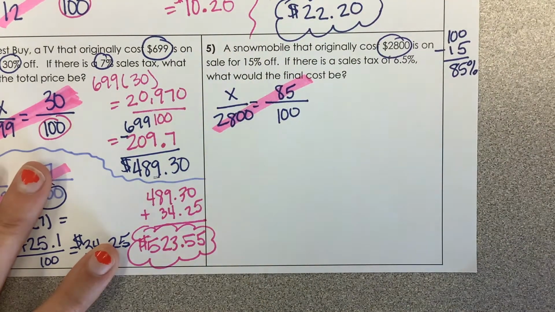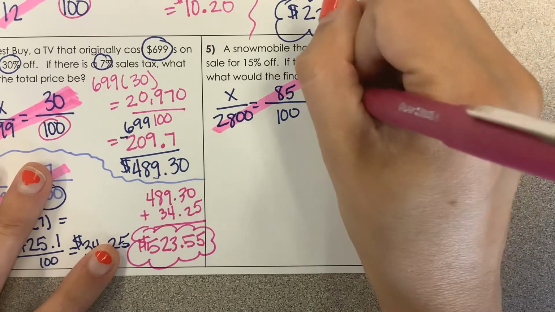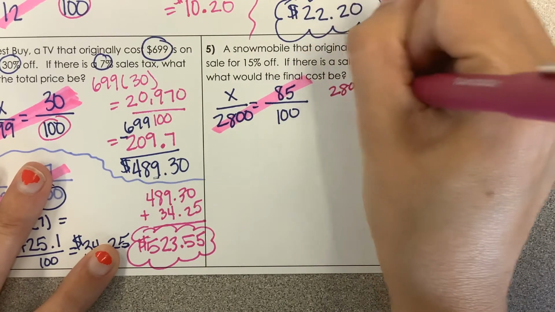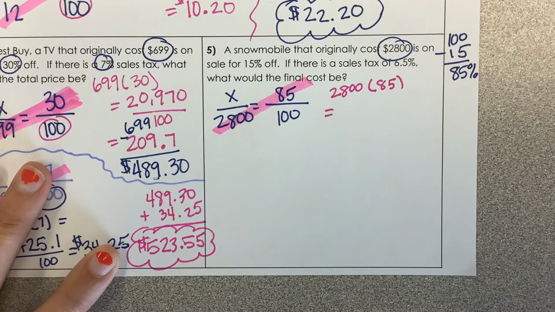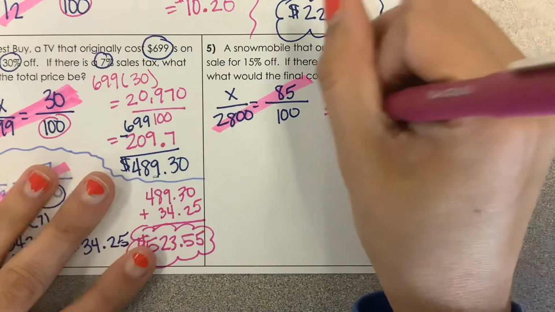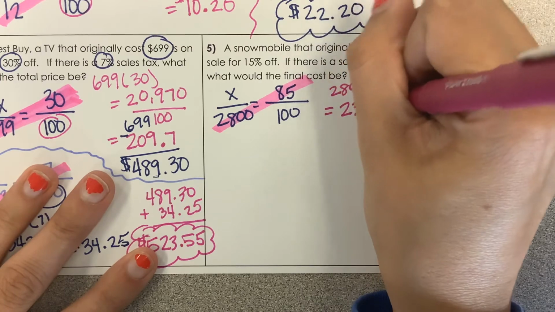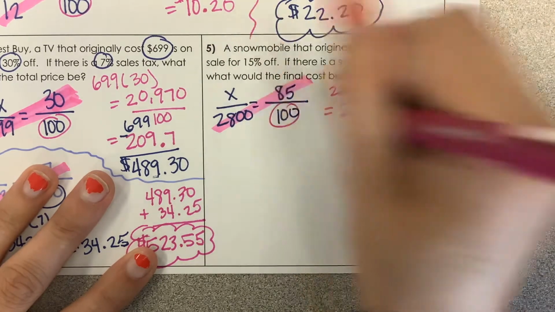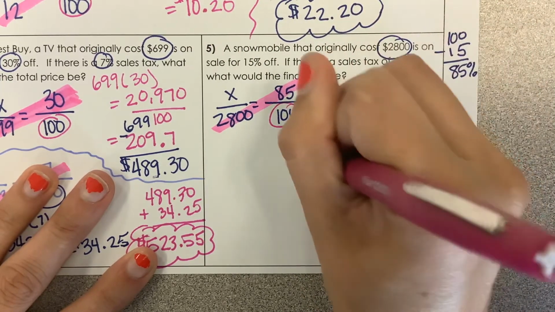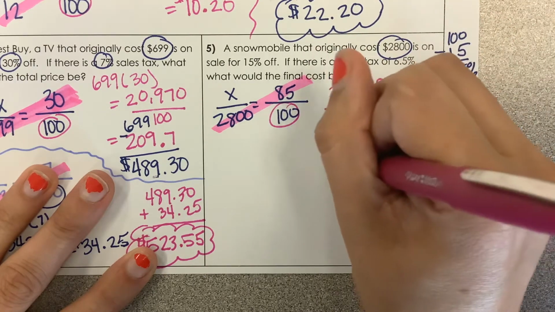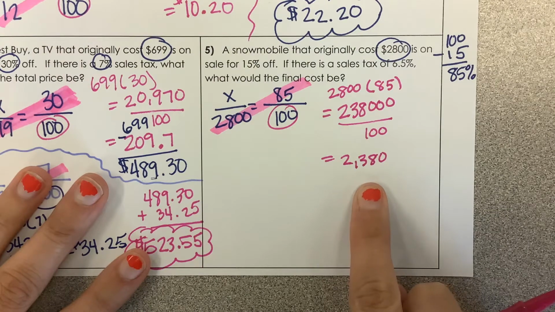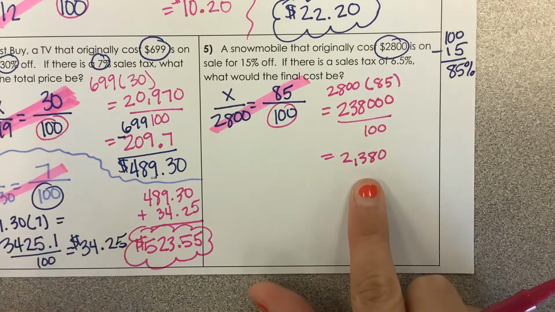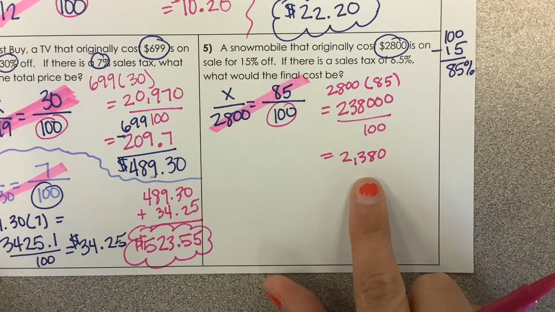Okay, so I'm going to multiply 2,800 times 85, and we get 238,000, and I'm going to divide that by 100 to get 2,380. So our new price, slightly less than 2,800 with the discount, is 2,380.